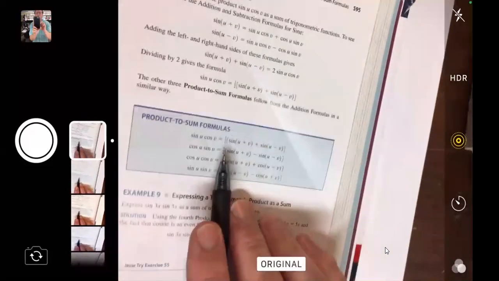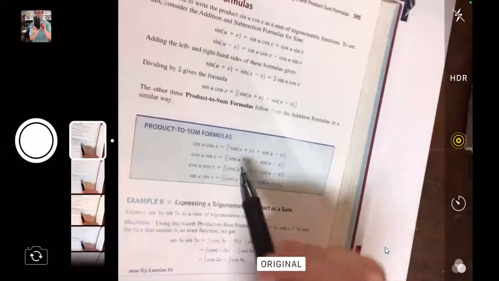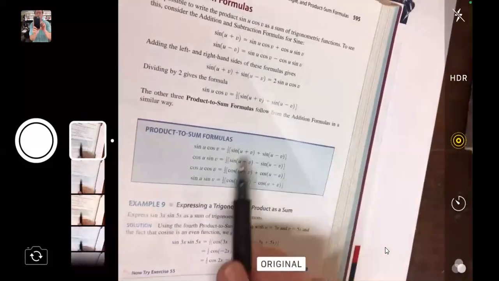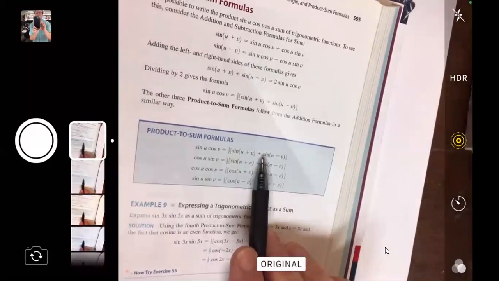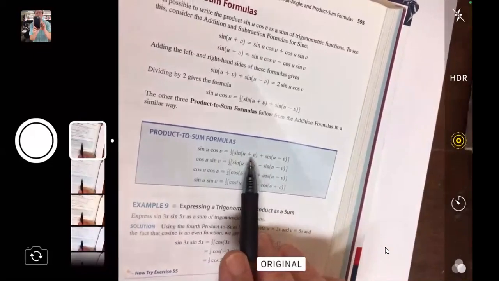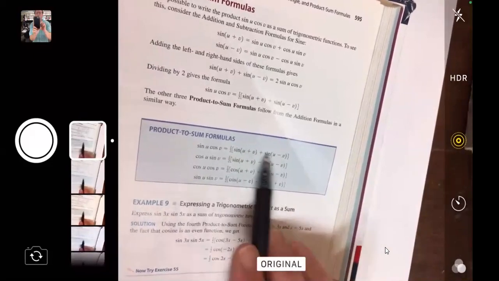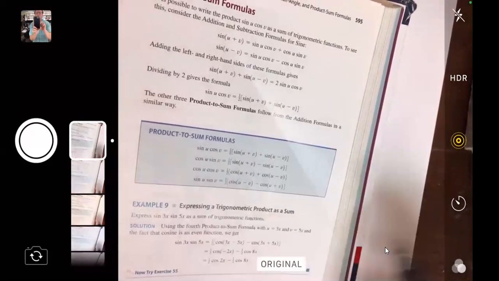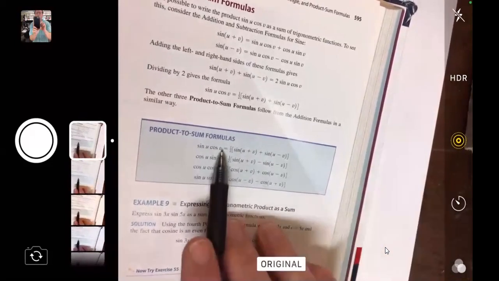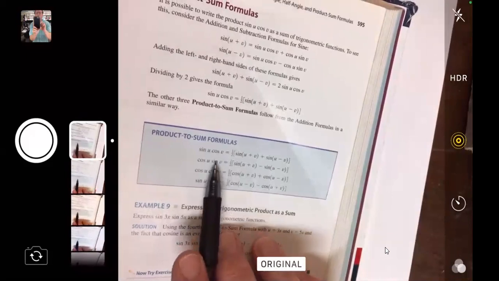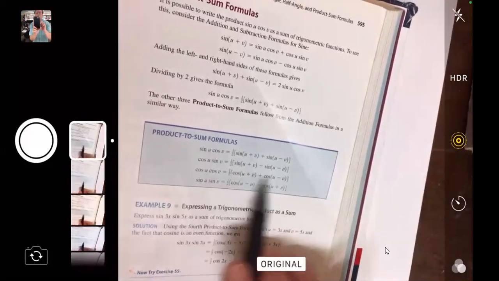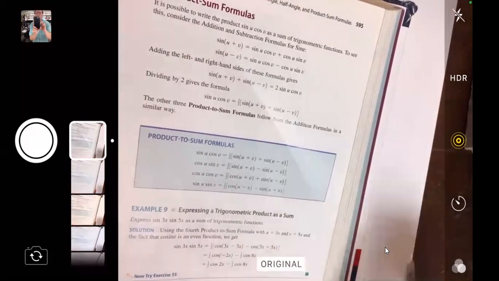Page 595. I think I derived the first one of these on Tuesday. You can plug in the formulas from 7.2 and show that this will dissolve back to this. You pick whatever product they're giving you, and then it expands out like this. This is a cosine times cosine, which is the third one.